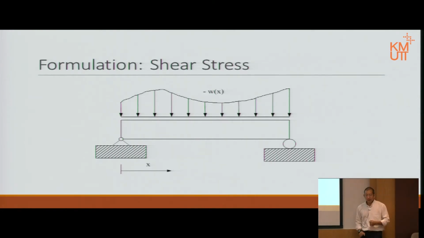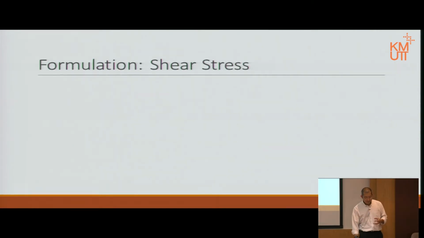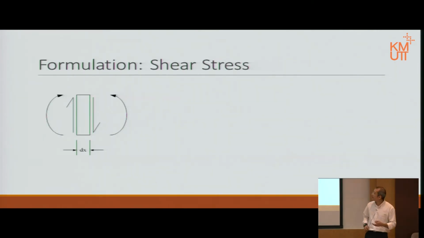Now, let's look at the shear stress then. In this picture here, they use downwards as minus W, meaning plus W is actually up, just to be consistent with the book. If we look at one similar to when we do the bending moment, but this time we look at the small element we just cut off with the dx.